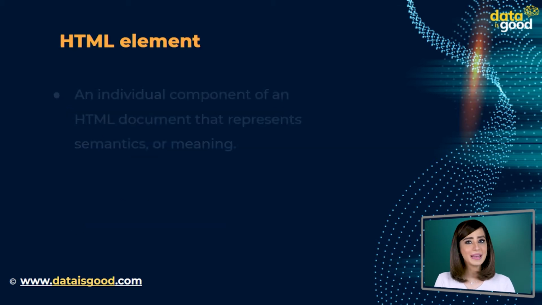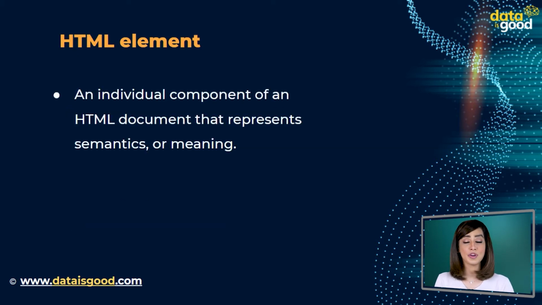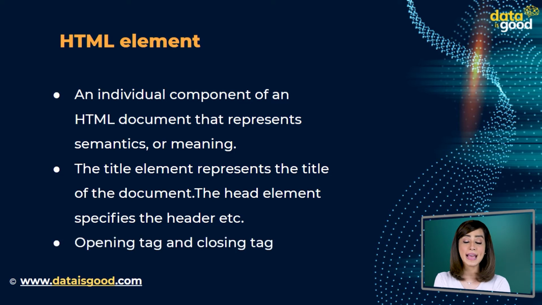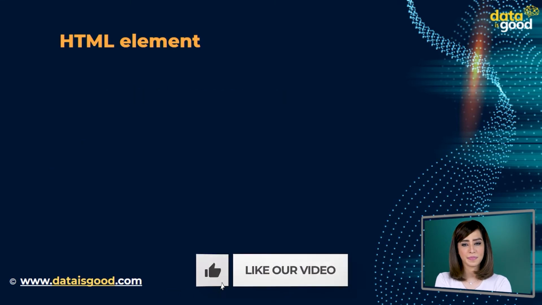An HTML element is an individual component of an HTML document that represents semantics or meaning. For example, the title element represents the title of the document. The head element specifies the header, etc. Most of the HTML elements are written with an opening tag and closing tag, with content in between.